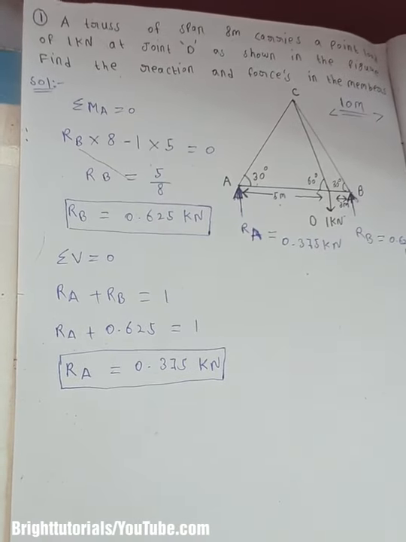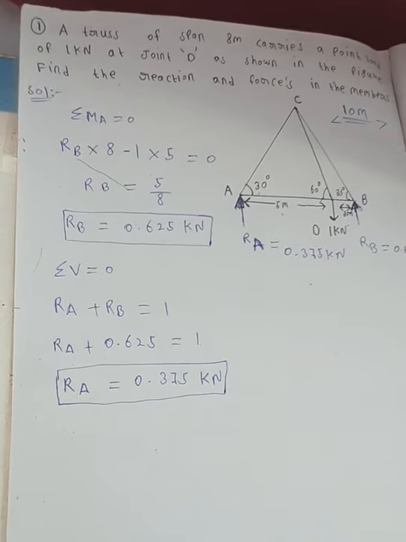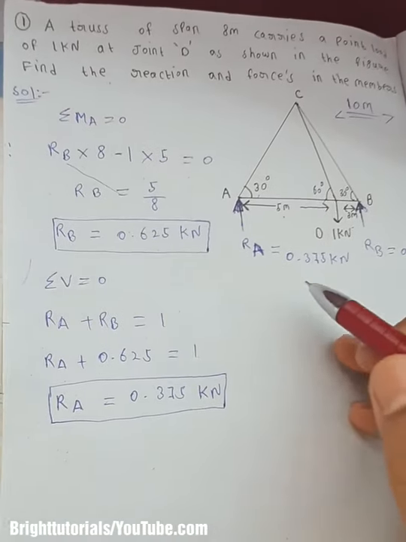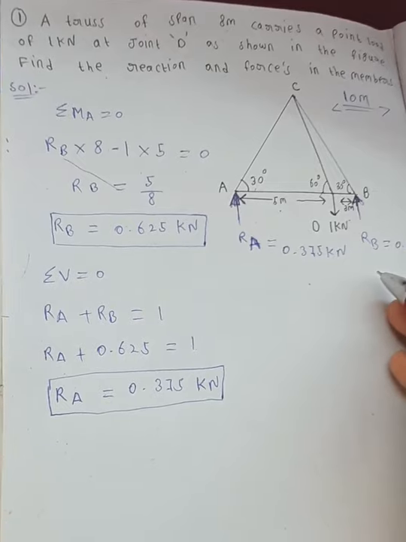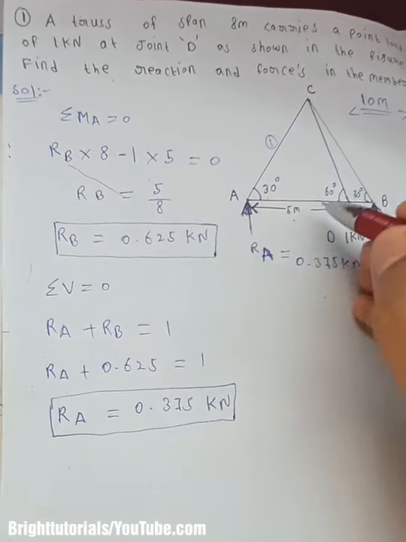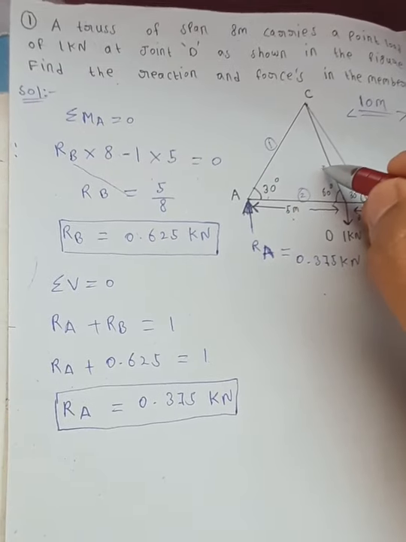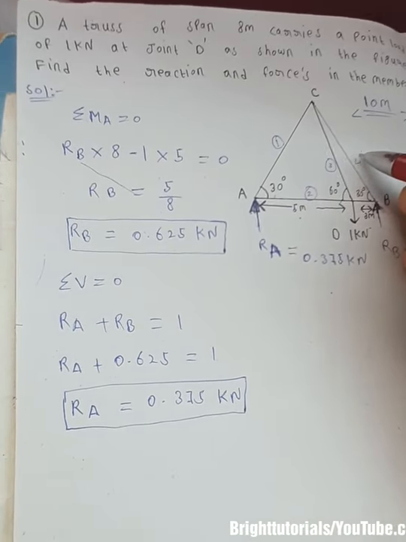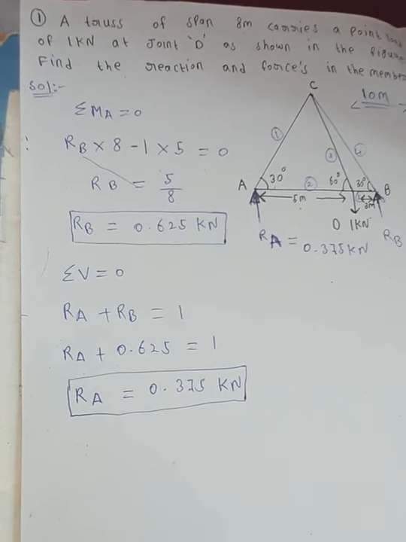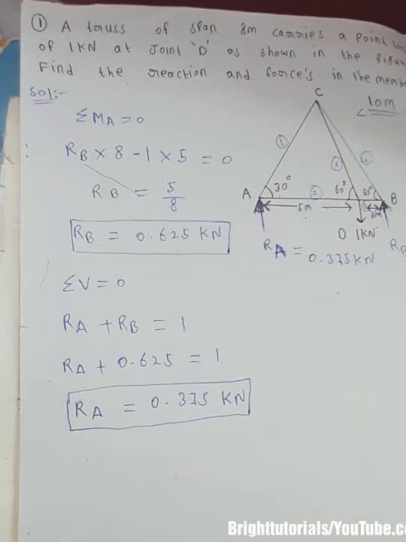Now as given in the question, we have to find all the reactions and the forces in the members. We have found the reactions RA and RB. Now we have to find the forces in all the members: member 1, member 2, this is member 3, this is member 4, and this is member 5. So we have to find all the forces in the 5 members.